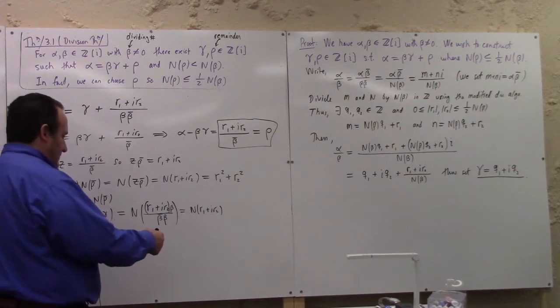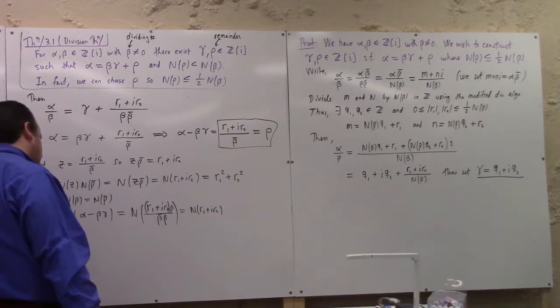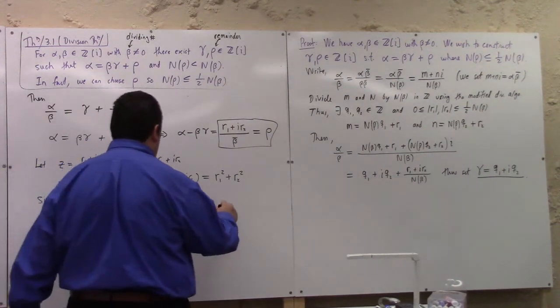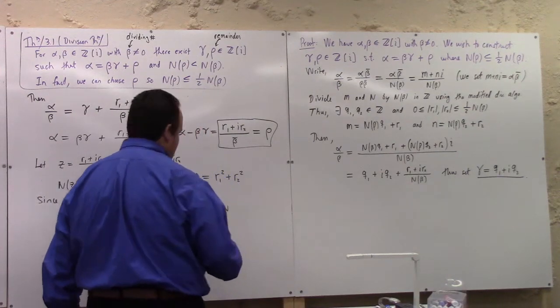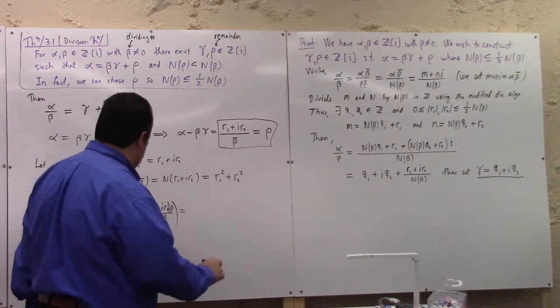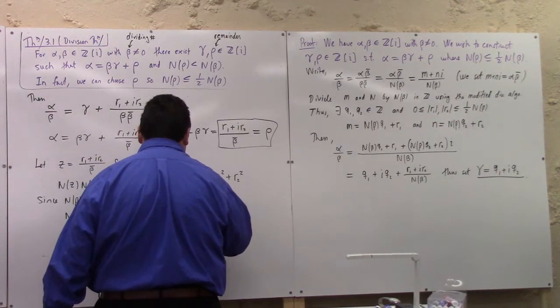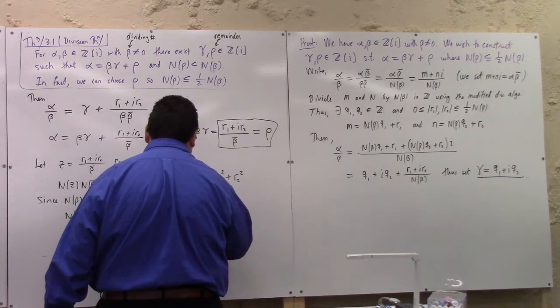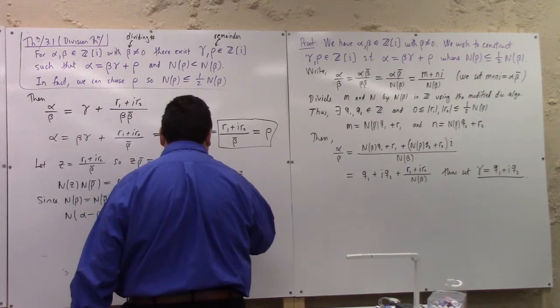Oh, it'd be beta norm. Okay, I see what you're saying. Pull out a beta. Good grief, how to say this without writing a ton. So that would give us, by the multiplicative property, the norm of R1 plus iR2 divided by beta beta bar times the norm of beta, right?